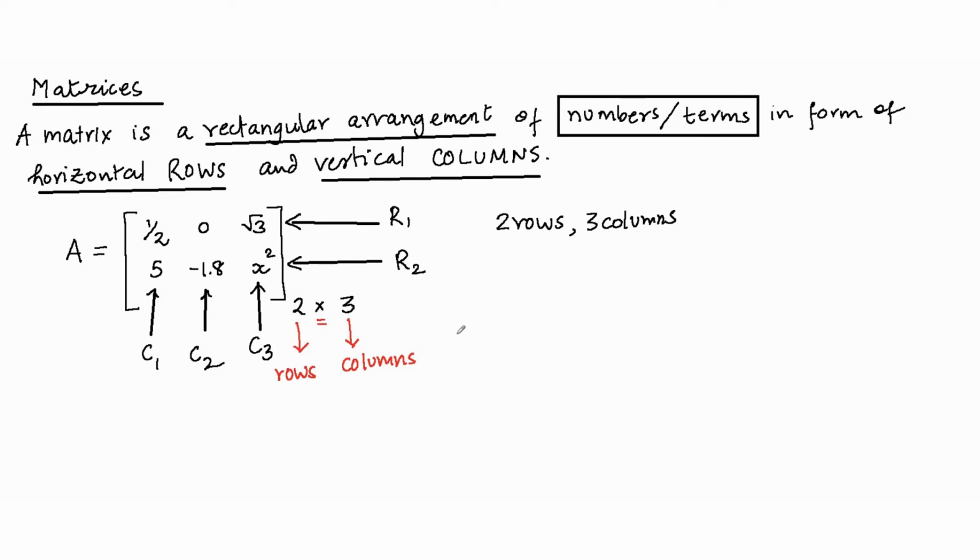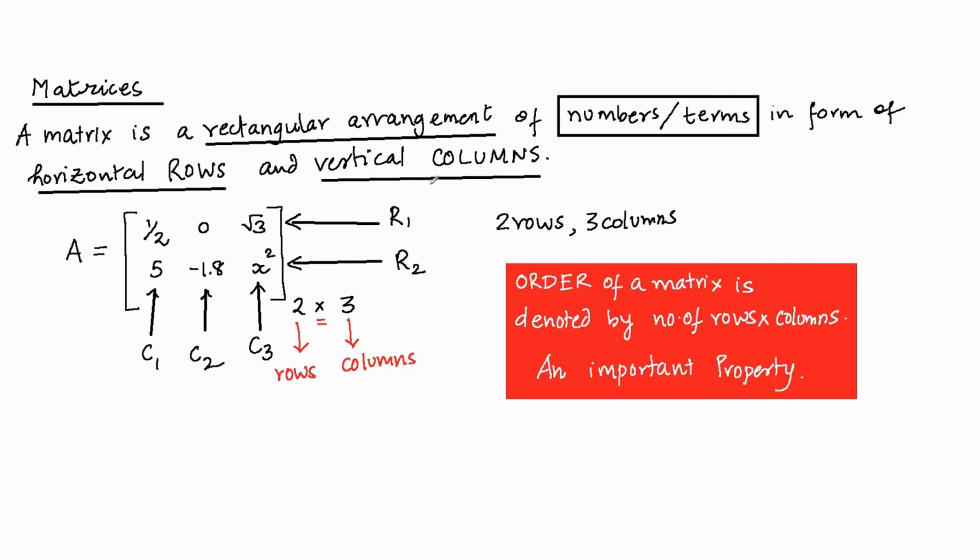Now your matrices could have any order. The order could be 1 by n till n by 1, or it could also be in a square form and so on. We will now see all different types of orders that you can have. But let us quickly define the order of a matrix.